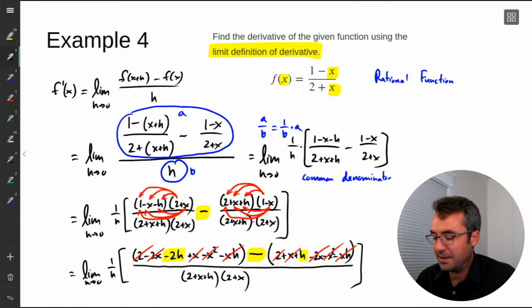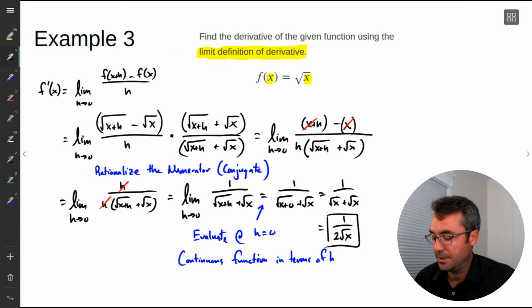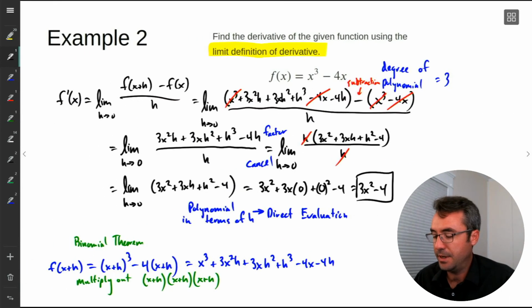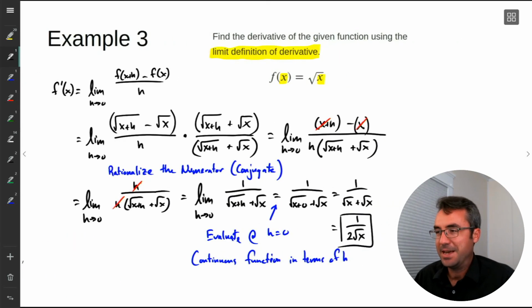But this gives us a good starting point on the types of functions we should be able to do. We've looked at differentiating a rational function using the limit definition, square root functions, and last time polynomials of degree 2 and 3. Those are some of the types of functions we should be able to do using this limit definition of the derivative.